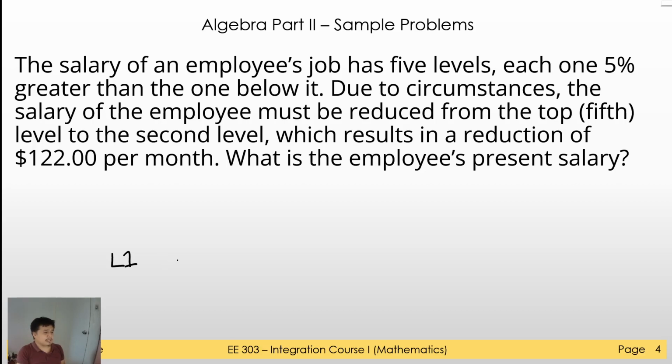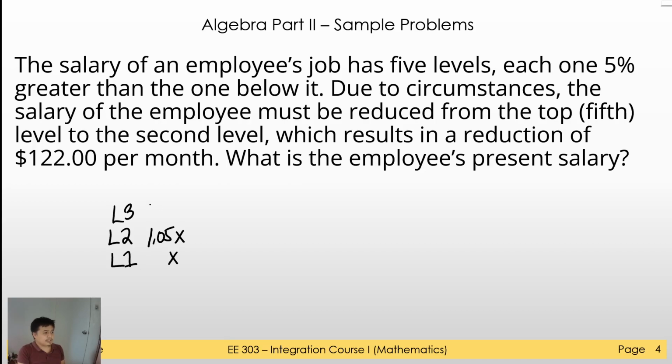For the first level, let's say an employee is gaining an x amount of salary per month. On level 2, we know that the higher the level, the greater the salary. It has a difference of 5%. So level 2 will have 1.05 times the salary of the original level.